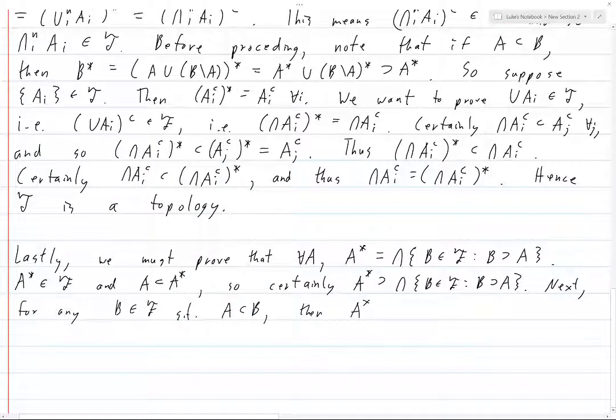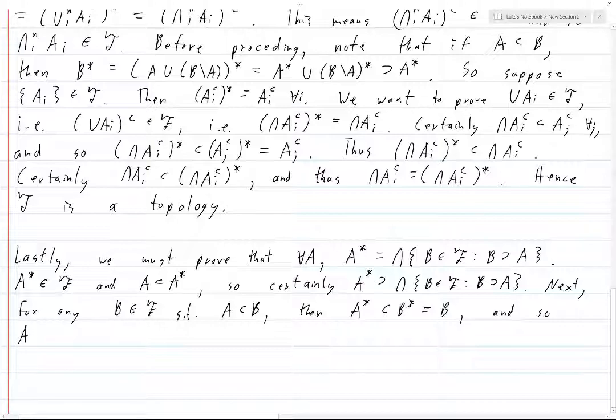Then we get A star is a subset of B star, but since this is a closed set, it's equal to B. And so what this tells us is that A star is contained in every set in the collection on the right, the set of all B in F such that B contains A. Every set in this collection contains A star. So when you take the intersection, that intersection will also contain A star.